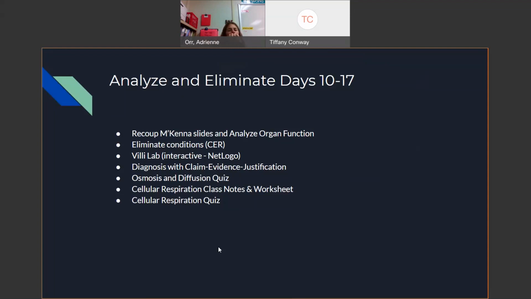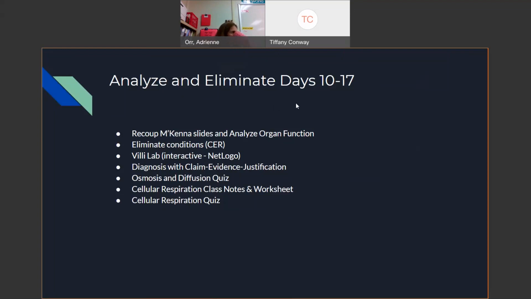So from there, we just segued to respiration and included that with that stuff. That's pretty much the end of the unit for us. So the whole idea with McKenna focused a lot on the digestive system.